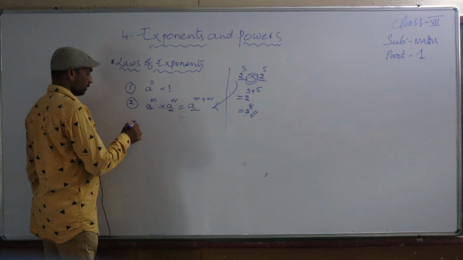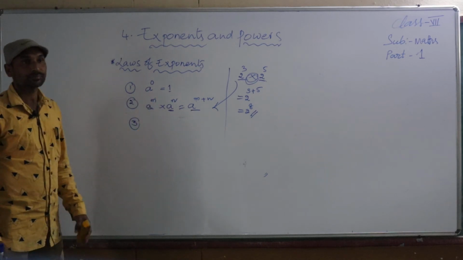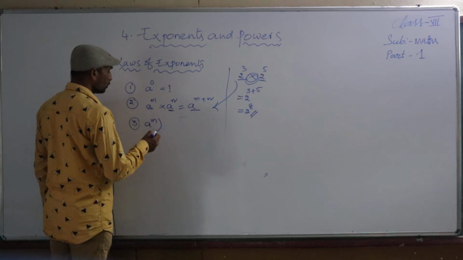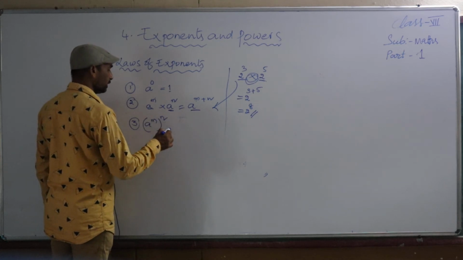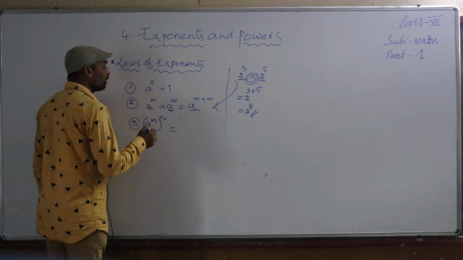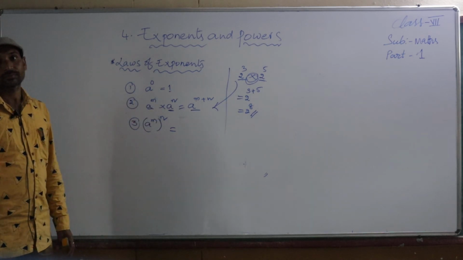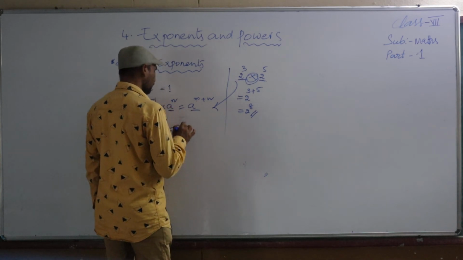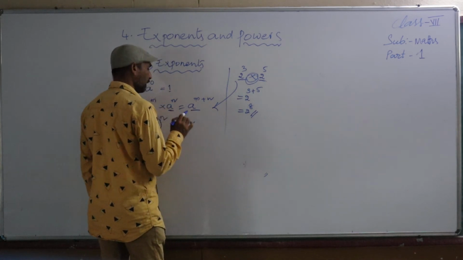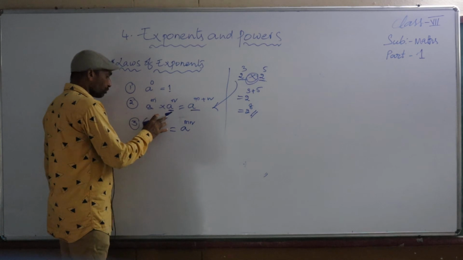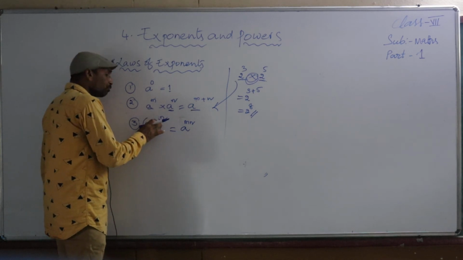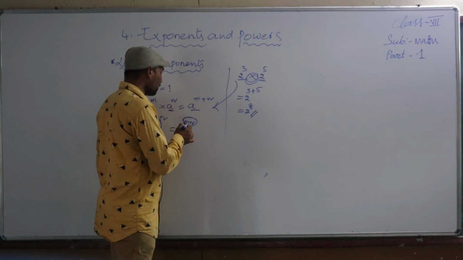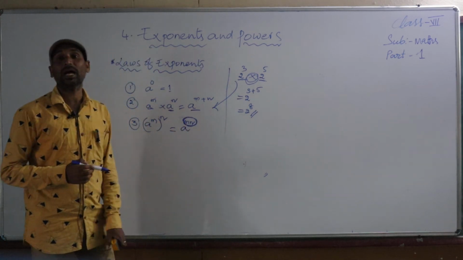Next, the third one, a power m whole power n. Here it is power of the power, that is equal to a power m into n. When we take power of the power, the powers should be multiplied.